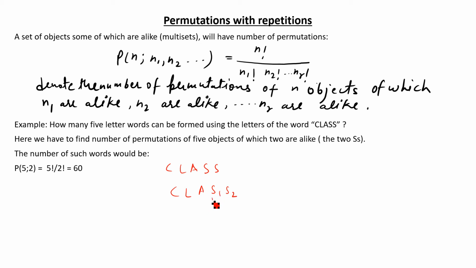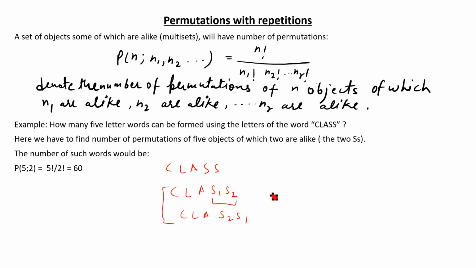So these two can be placed as C L A S2 and S1. So these two S can be placed like this, S1 S2 or S2 S1. So two letters can be placed by 2 factorial permutations.